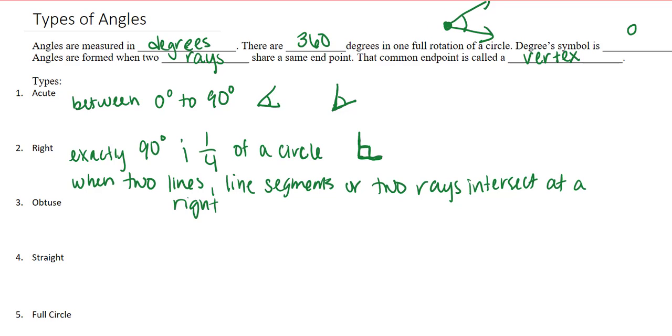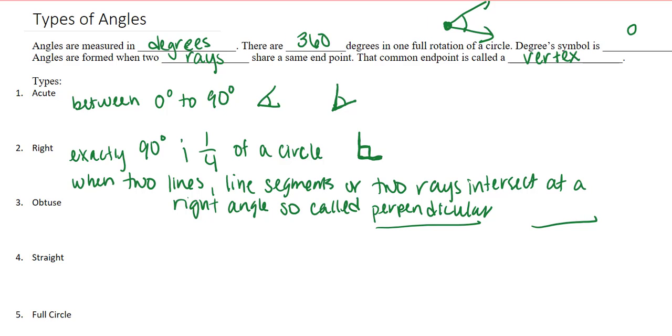They are called perpendicular, which is just a fancy word for that. So if you have a ray here, and this is a line, you have two right angles here, because this intersects with this line. Or it could also look like this, where you have four right angles. So all the different things.